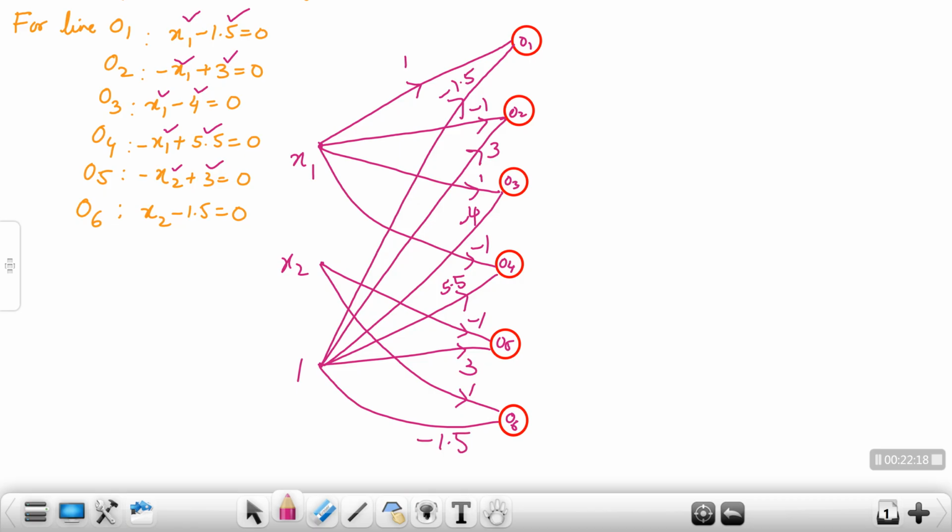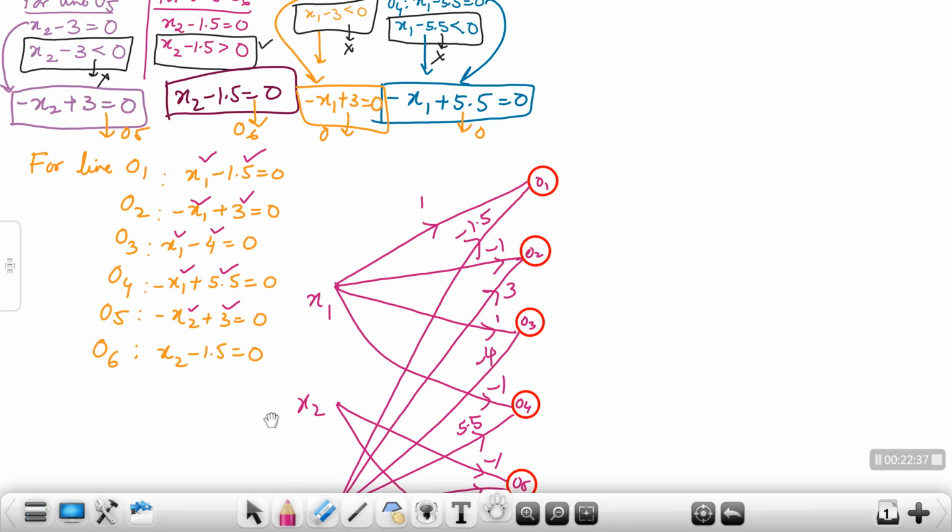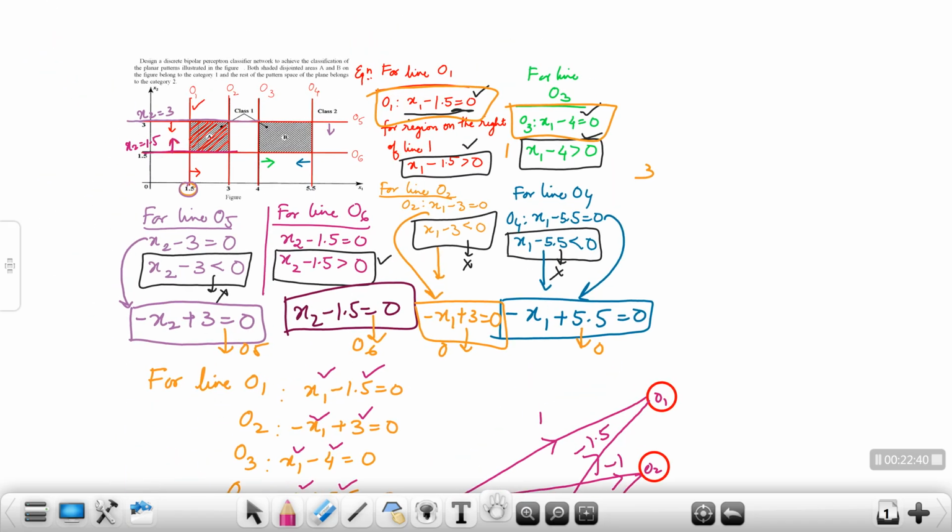Am I clear? Now, this is not done. Why? Because finally we have to take the combinations, and in order to get the 2 disjoint regions which are there, we have to go back to the diagram.